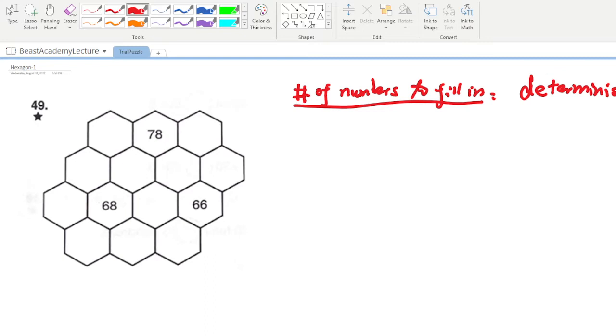How do we count how many numbers we are going to fill in? 11 numbers? Okay, I mean, including the number they give to you. So how many numbers in total are we going to fill?